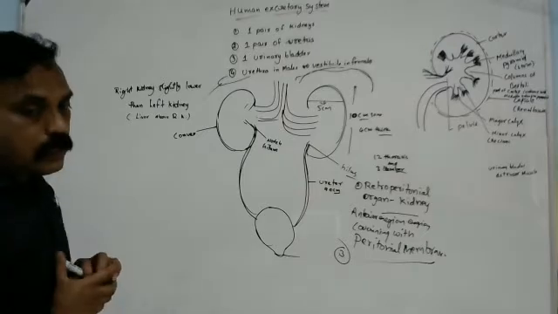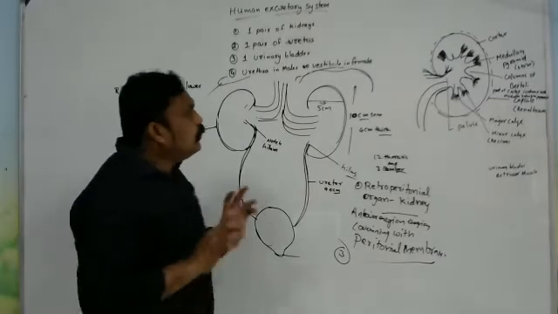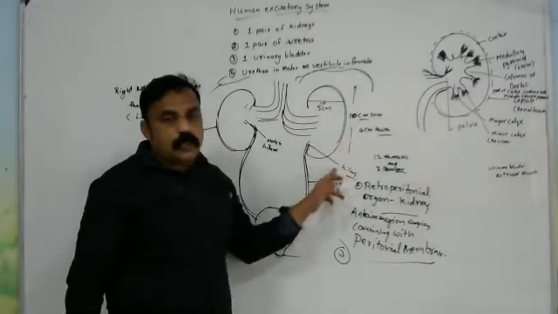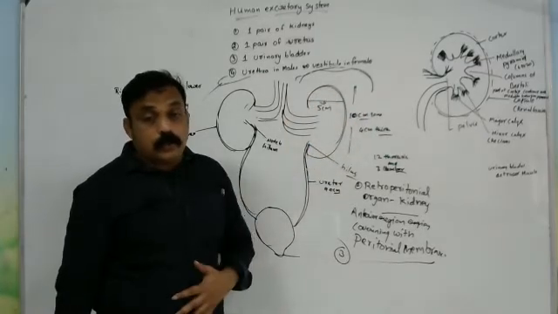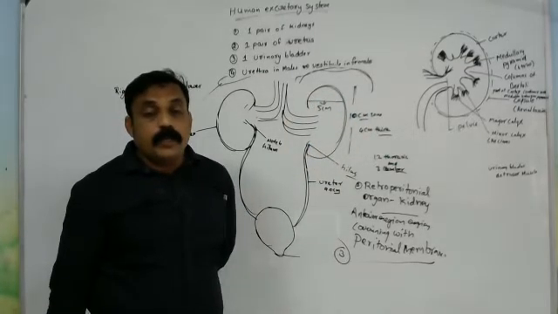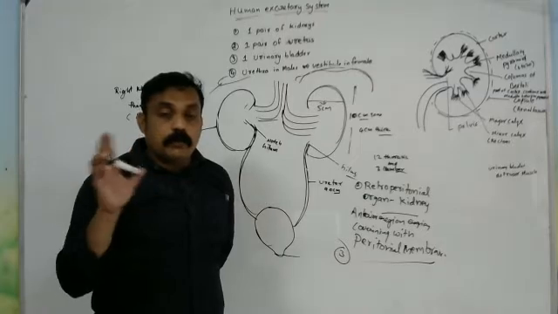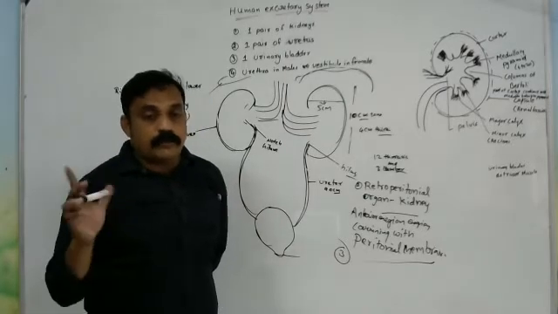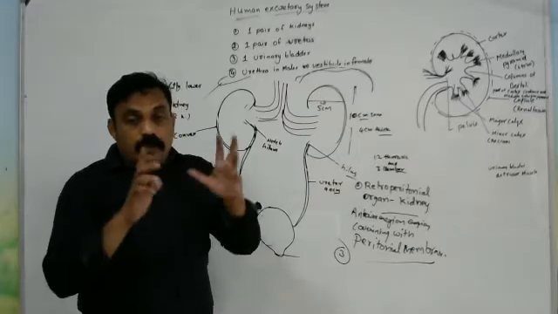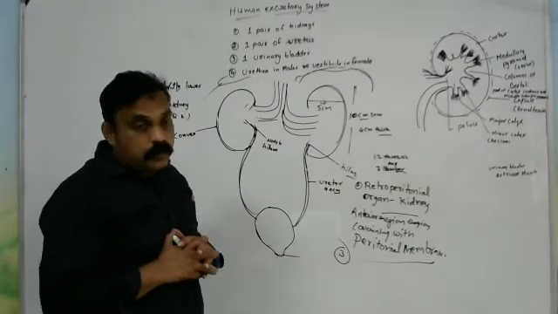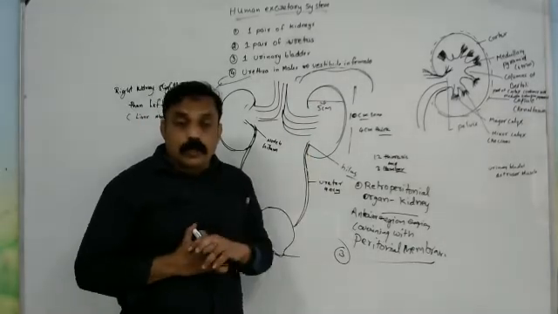The kidney is located in the dorsal region of the abdominal area, on both sides of the spinal cord, right and left. The front of the kidney is covered with the retroperitoneal membrane, so it is called a retroperitoneal organ.